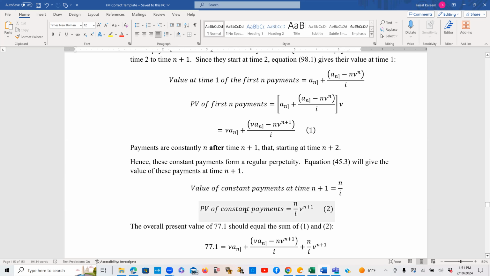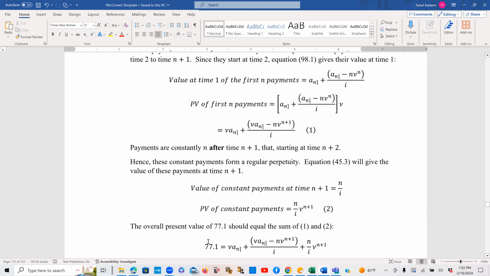And so the present value of these constant payments, bringing it from time n plus 1 to time 0, we multiply by nu to the n plus 1, because this n over i is sitting at time n plus 1, and we need to bring it to 0, so we multiply it by a factor of nu^(n+1). So that will be the present value of the constant part of this annuity.